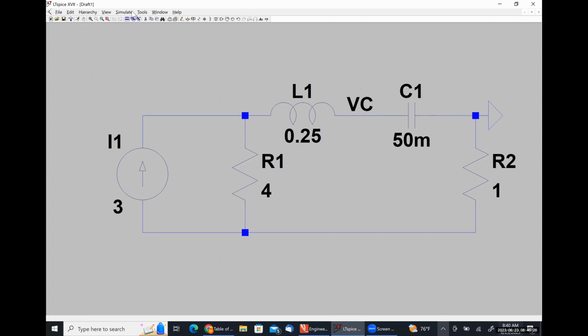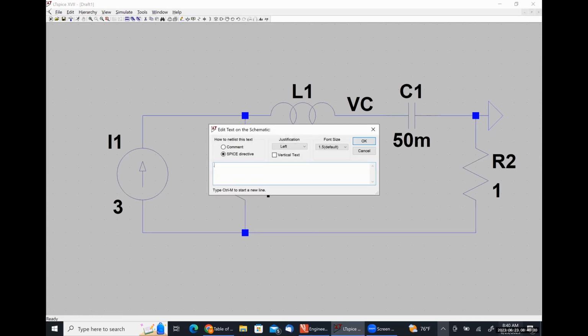I think that's all I need to do. Oh, I need to put my initial conditions in, right? So the initial condition on my capacitor voltage was 0 volts. The initial condition on my inductor current was 0 amps.